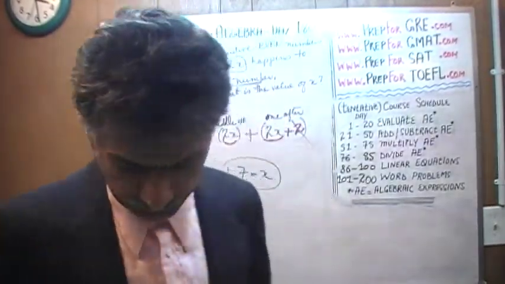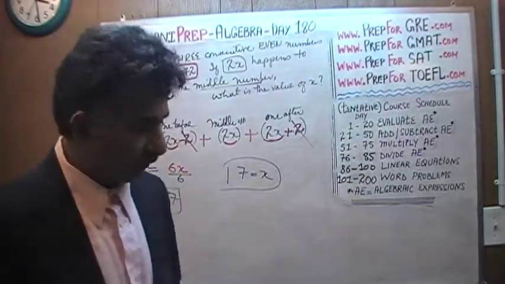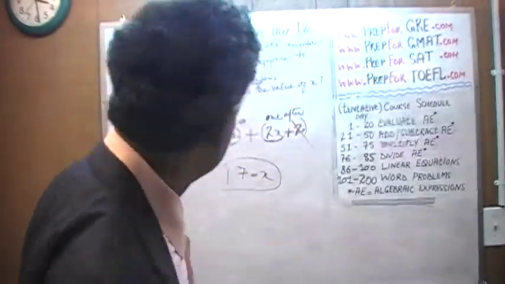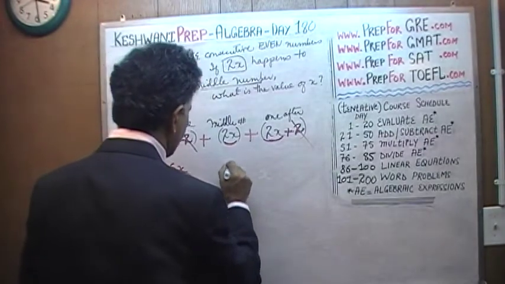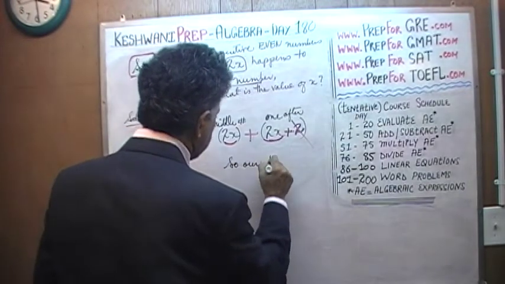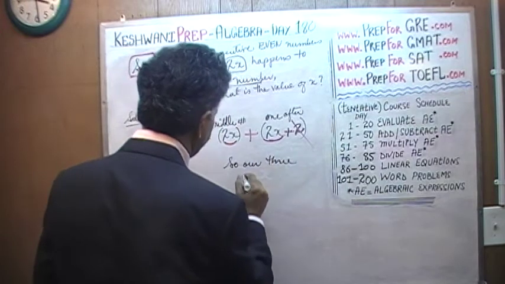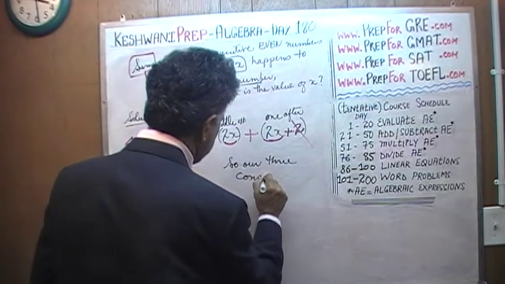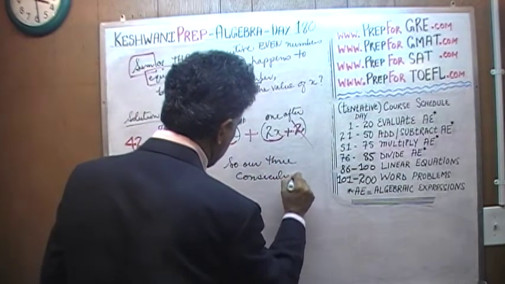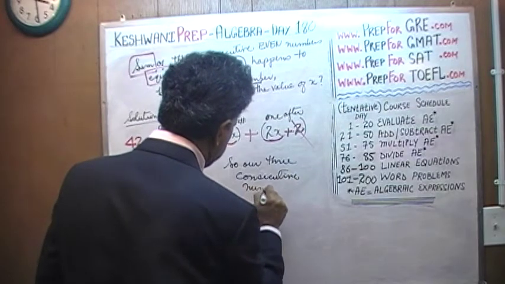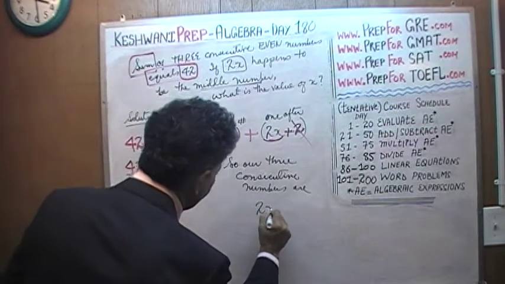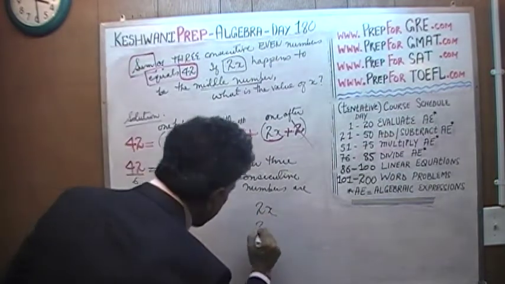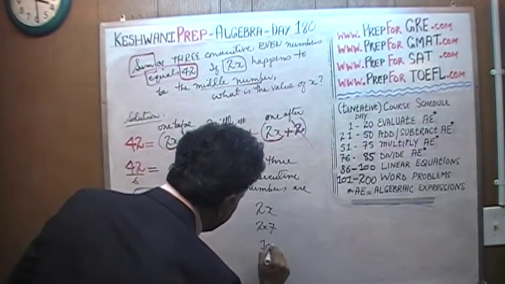Now, what else do you notice? Let's first find out what our numbers are before we worry about noticing things. So our 3 consecutive numbers are: the middle one is 2x, which is 2 times 7, which is 14.